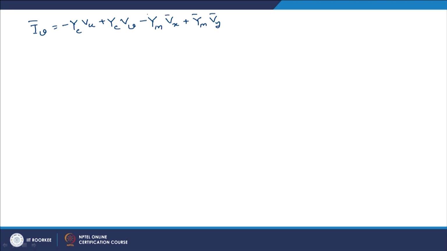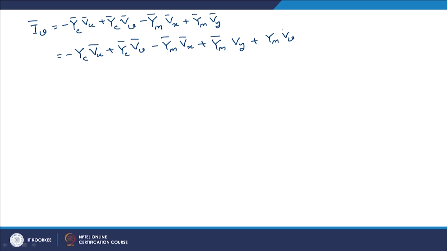All these are complex, I must be careful. Here also we add and subtract from this expression Ym Vv. So, we add Ym Vv and subsequently we also subtract Ym Vv such that this expression remains the same.